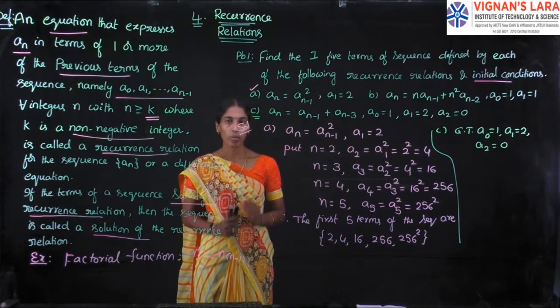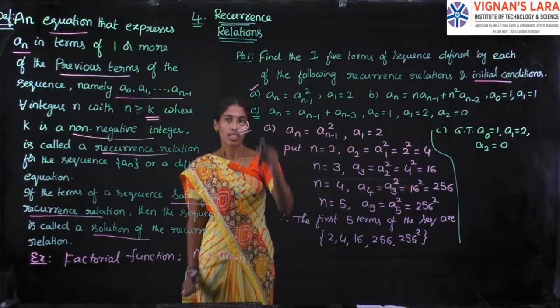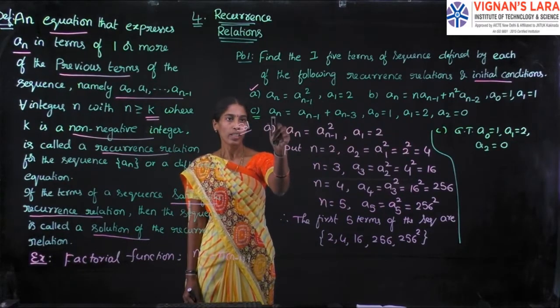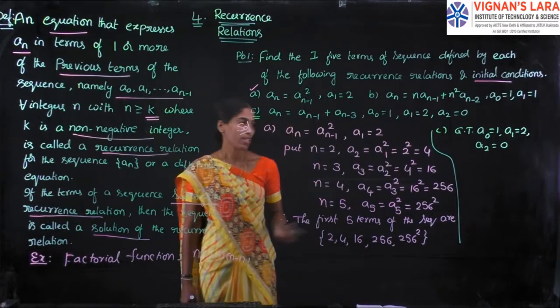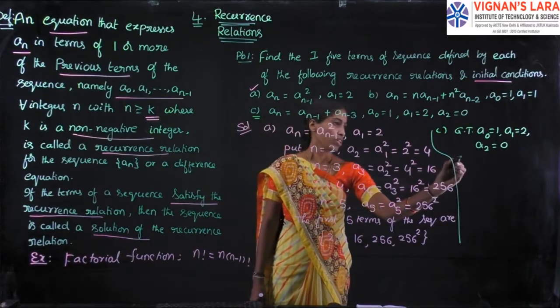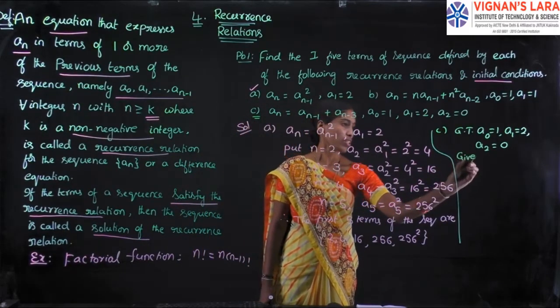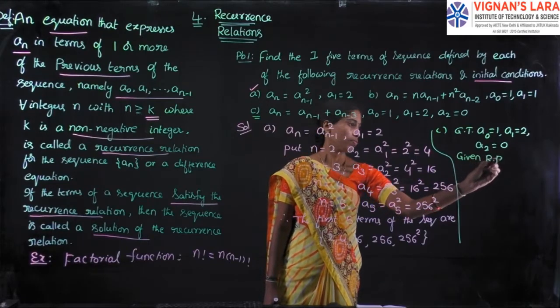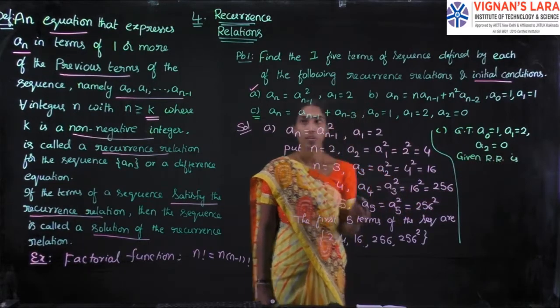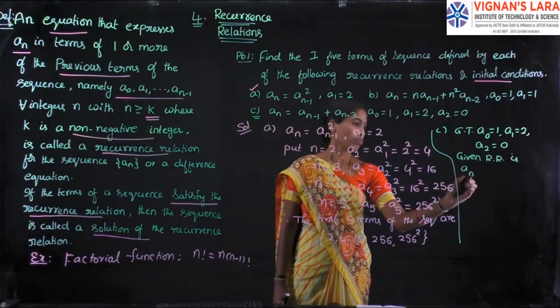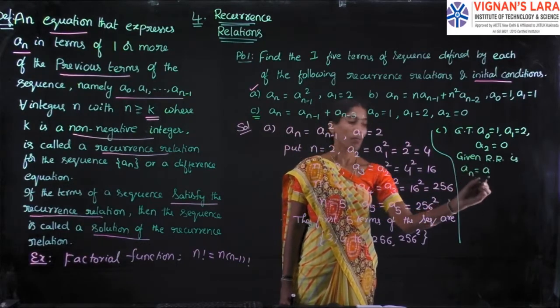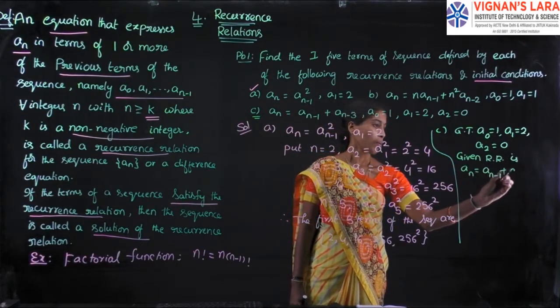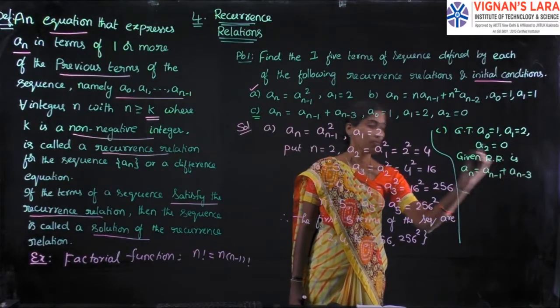To find A3 in C, we need to put n equal to 3. The given recurrence relation is An is equal to An minus 1 plus An minus 3.